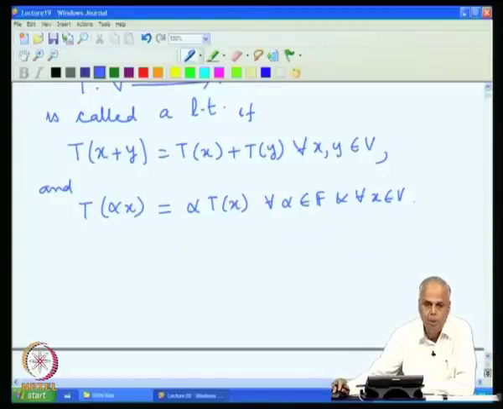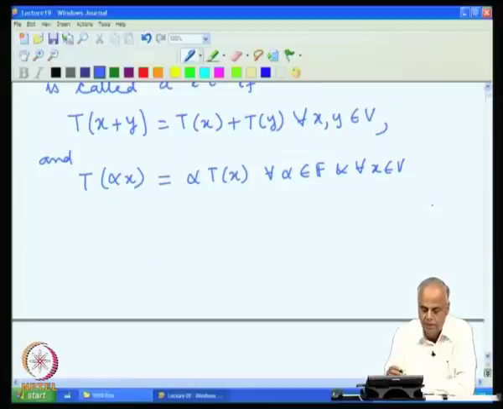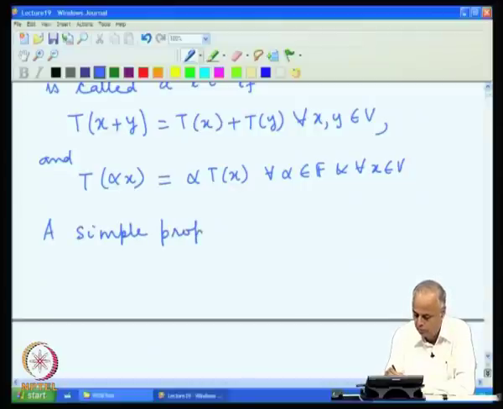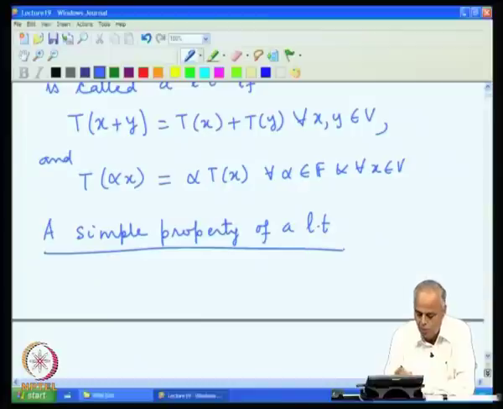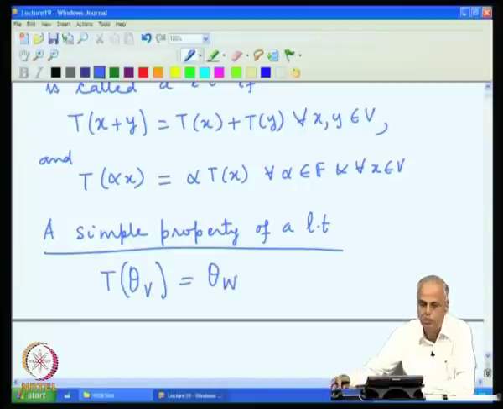An important property that we observed, a very simple but important property of a linear transformation, which we saw last time, was that if we take theta V, the 0 vector in the V space, T always maps it to the 0 vector in the W space.